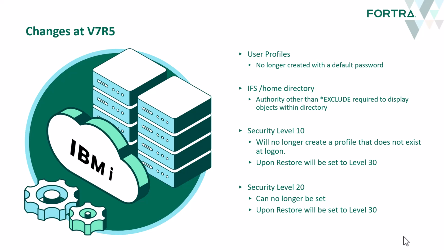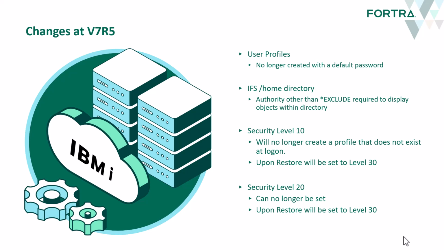There are systems, believe it or not, still out there at security level 10 that have been migrated from hardware to hardware to hardware and upgraded from OS to OS. But now at OS level V7R5, security level 10 will no longer allow for a profile that does not exist to be created at the sign-on screen.